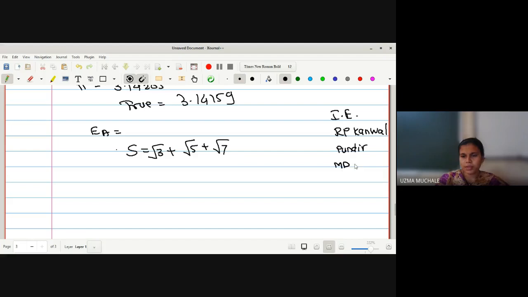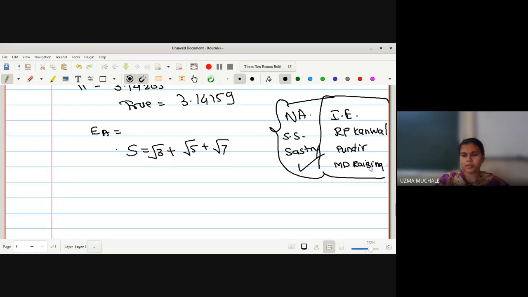Next, it may be MD Rai Singhania. For numerical analysis, the only one book is sufficient. And the PDF of this book is also available. But for the other book, I don't know whether PDF is available or not. You can come to the main library. There are so many copies available of RP Kanwal book and Pundir and MD Rai Singhania. This is recommended and these are reference books. Okay.